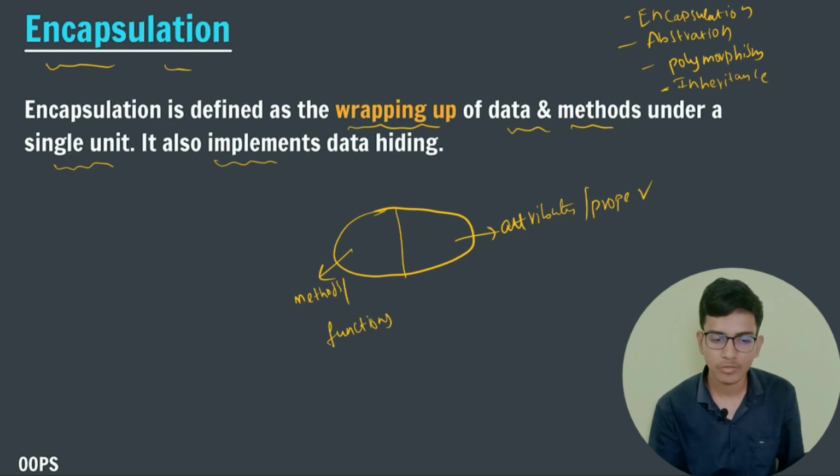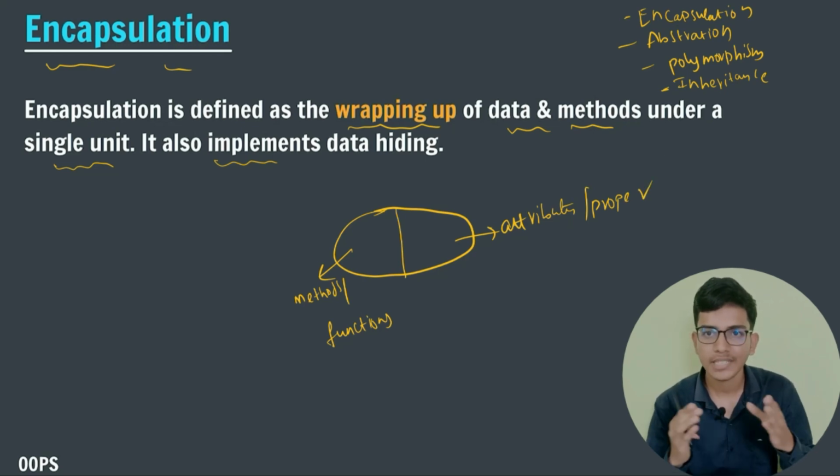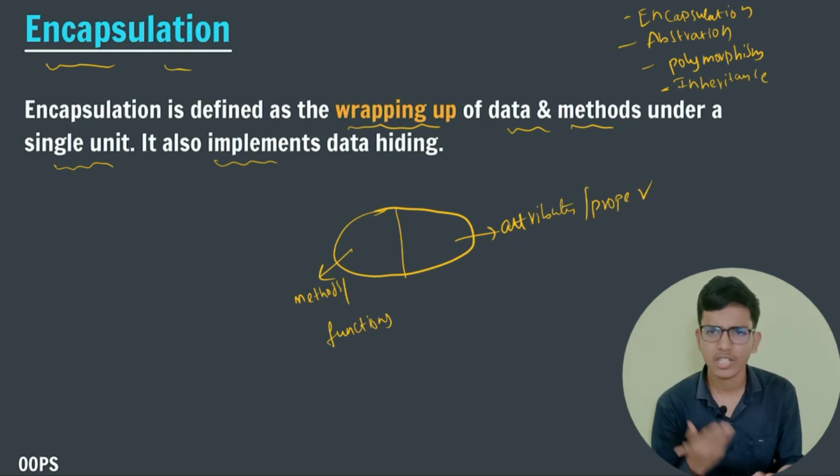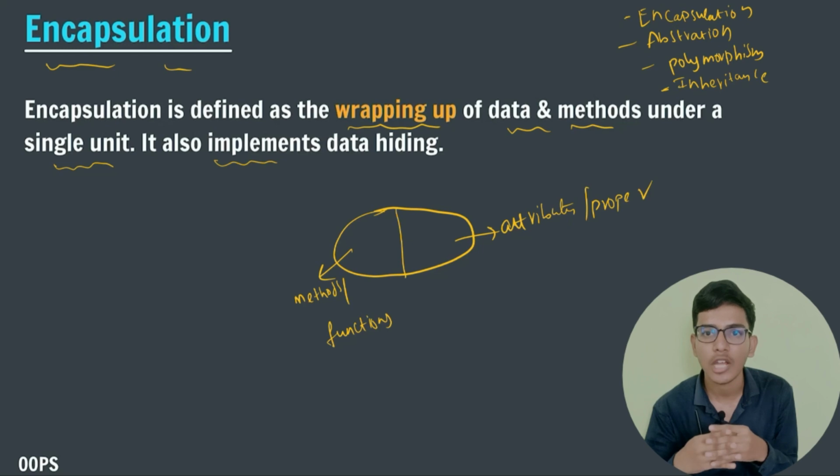So in a class we have defined properties and functions of a particular class or object, that is known as encapsulation. Whatever the things we needed for a particular object, we have wrapped them in a class, that is known as encapsulation.